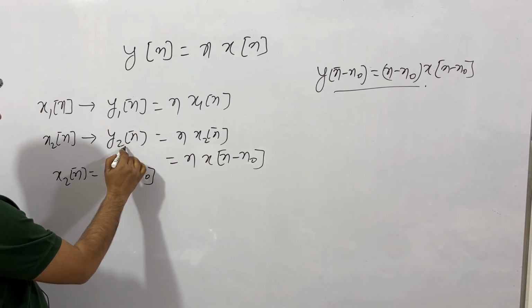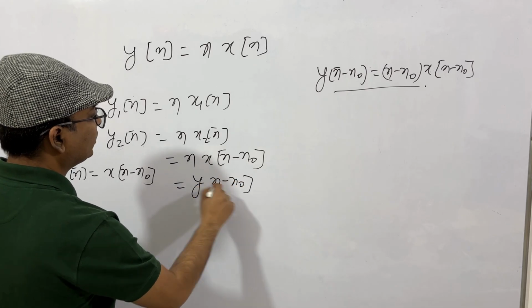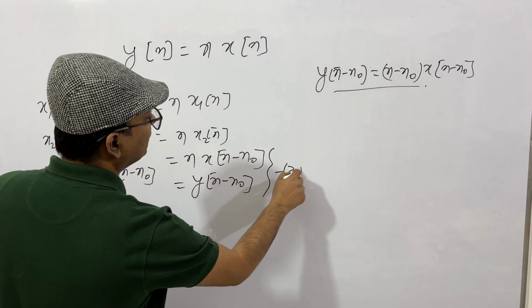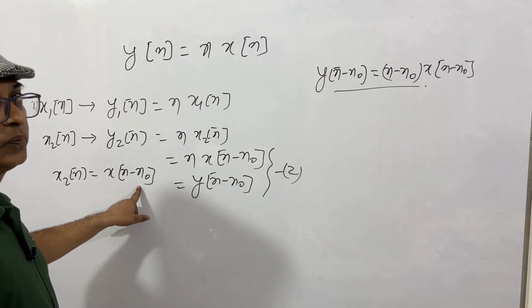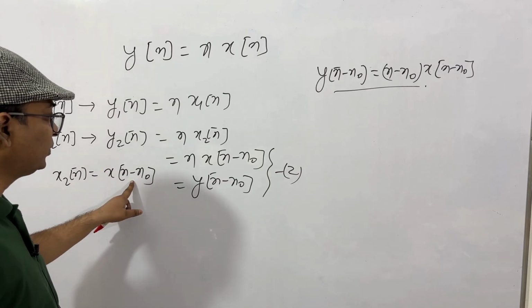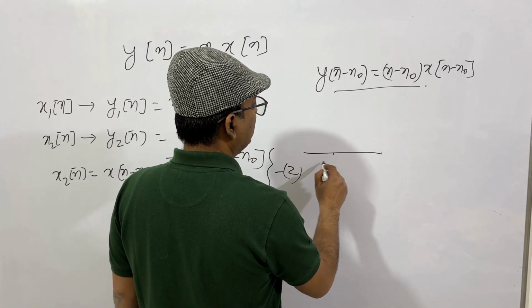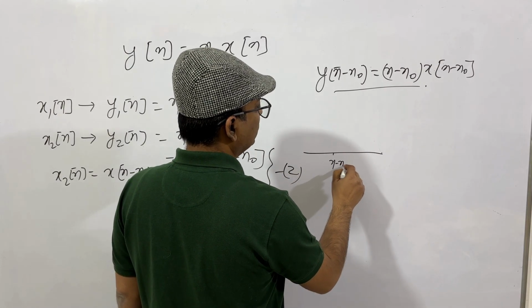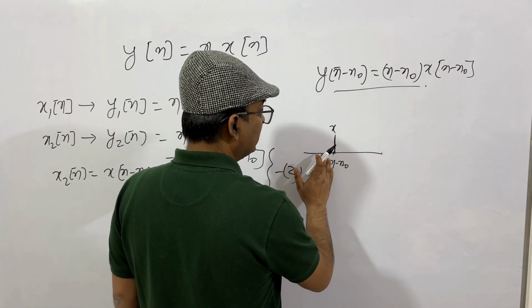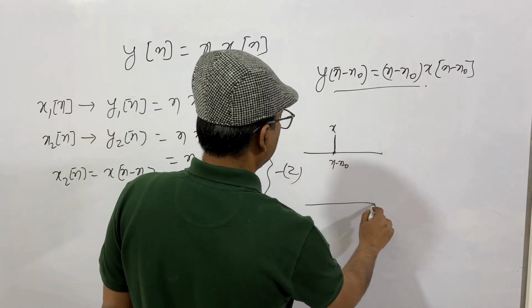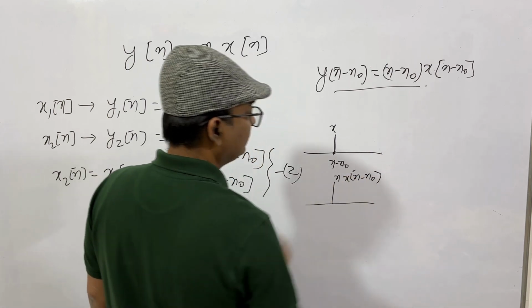This is y2[n], and it is what we compare against y[n minus n0]. So this is the value when the input has been shifted to n minus n0. This is your output: n into x[n minus n0].